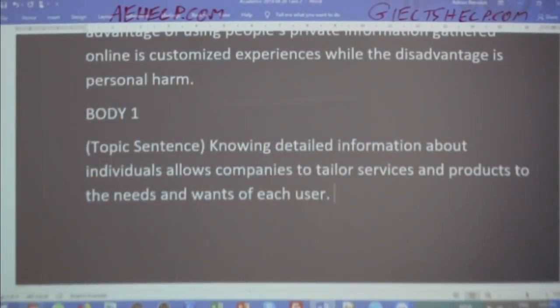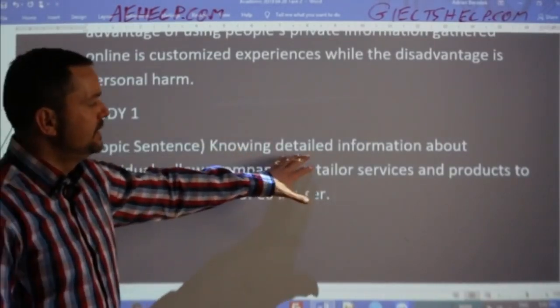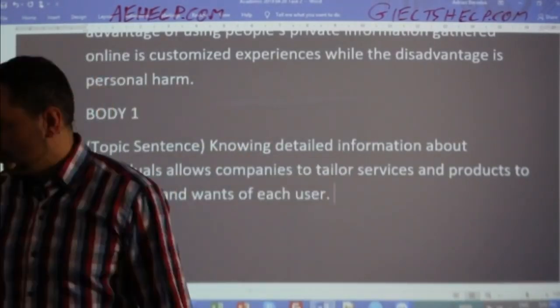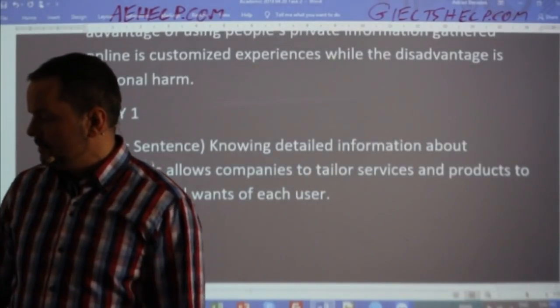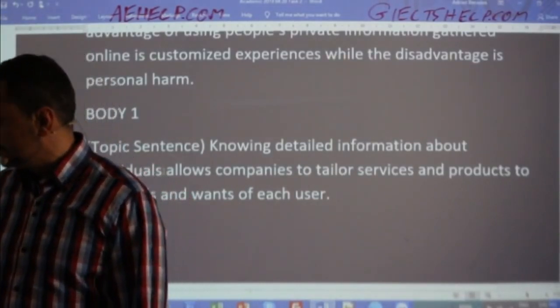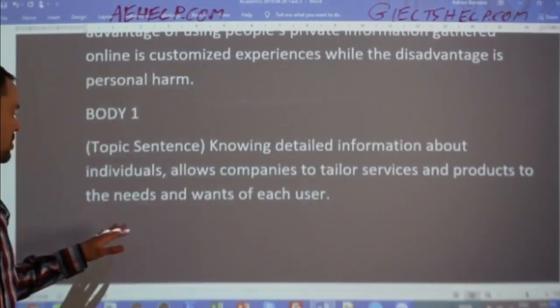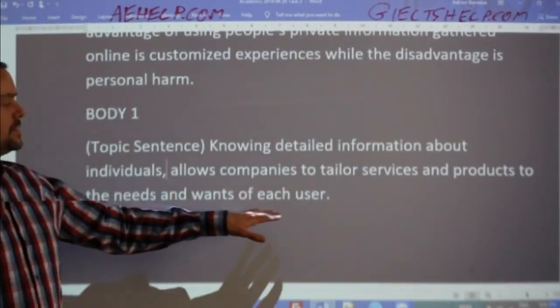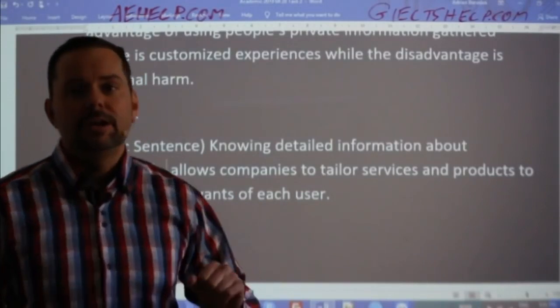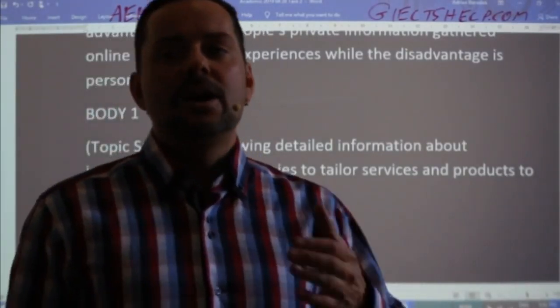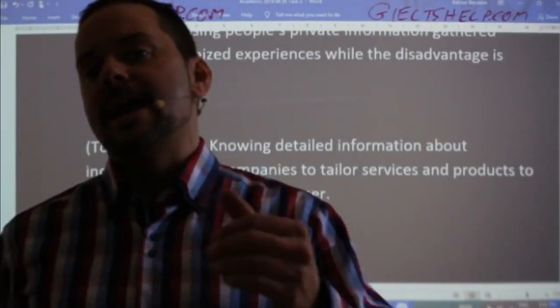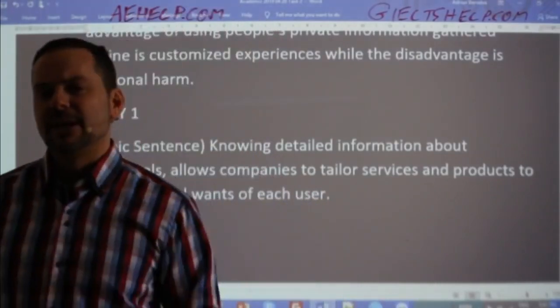All right. So again, knowing detailed information about individuals, comma, allows companies to tailor services and products to the needs and wants of each user. Now comes my explanation. So now I've got to explain that to my reader.